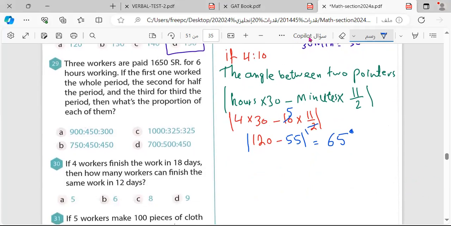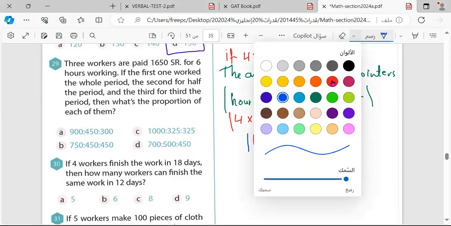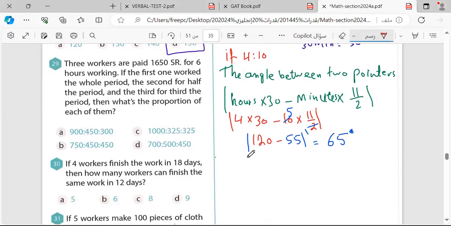If the first one worked the whole period, the second for half the period, and the third for a third of the period, then what is the proportion of each of them? Right, good. Three workers are paid 1,650 for 6 hours of working. They worked 6 hours, right?